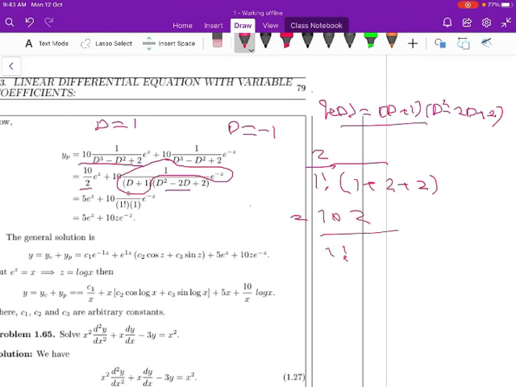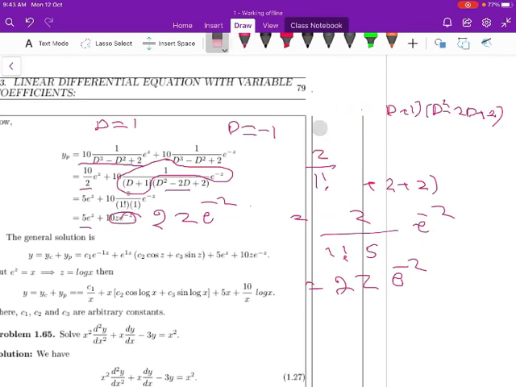That is 10 into z by 1 factorial into 5 into e power minus z, that is 2 into z e power minus z. So this is wrong, I think. 2 into z into e power minus z. So the first term is 5 into e power z. We can solve this way.